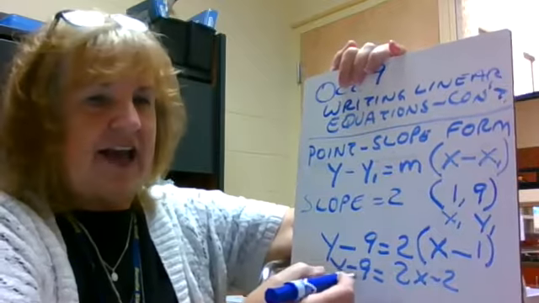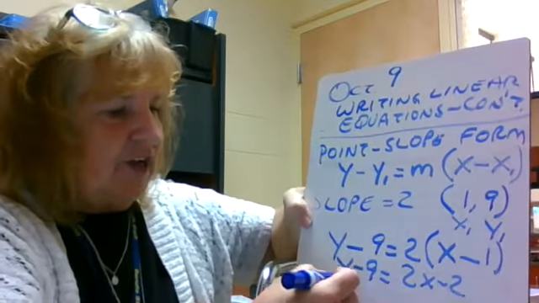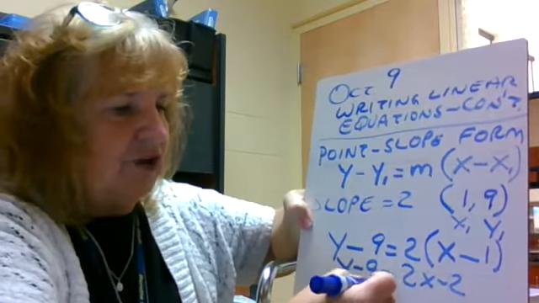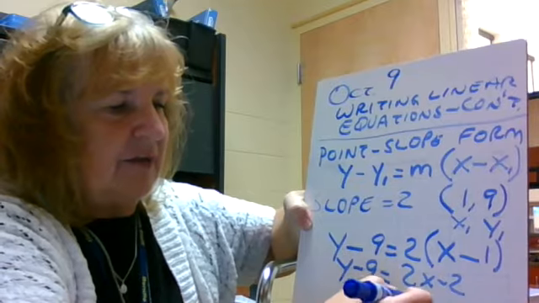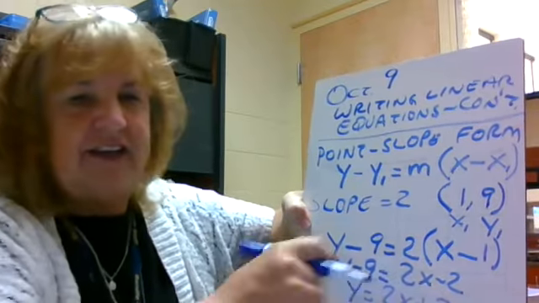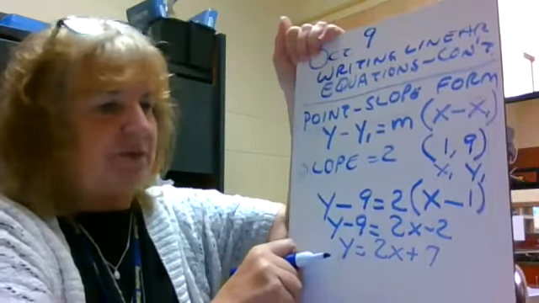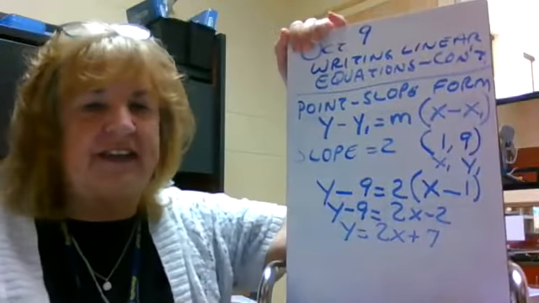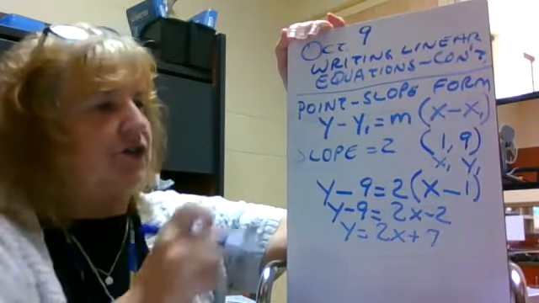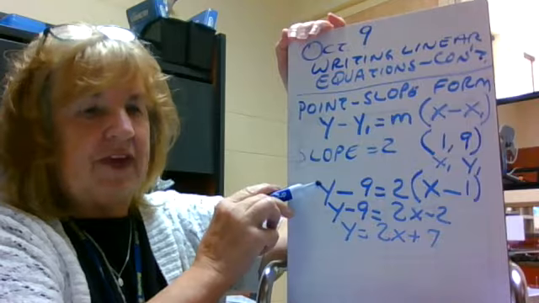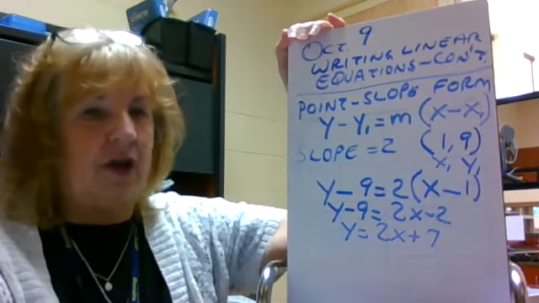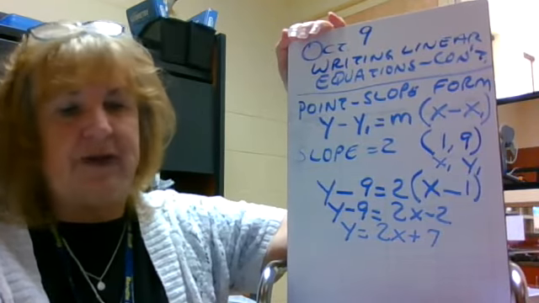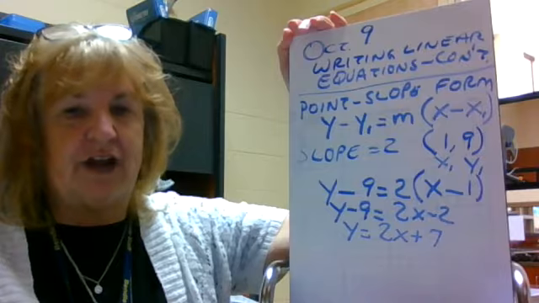So you add the 9 to both sides, and you get y equals 2x plus 7. So 2x plus 7 is the slope intercept form for that same line. So this is point slope form. This is slope intercept form. Which way you leave your answer depends upon the directions. So you want to follow the directions.